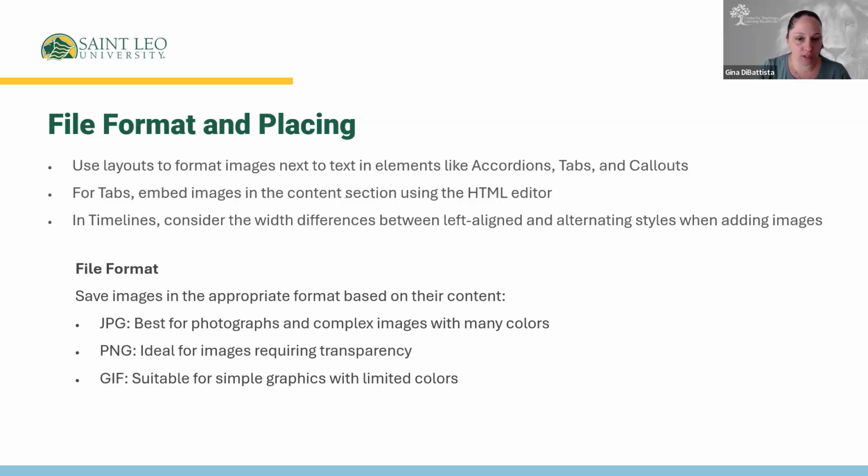The same with the timelines, but consider the width difference between the left align and alternating styles when adding the images. So if there's something on the right or the left, just make sure that with the context and the size of the image, it's balanced and working together so it's not thrown off. If you have content here, but your image is here, you want to make sure the image and the content are correlating together.